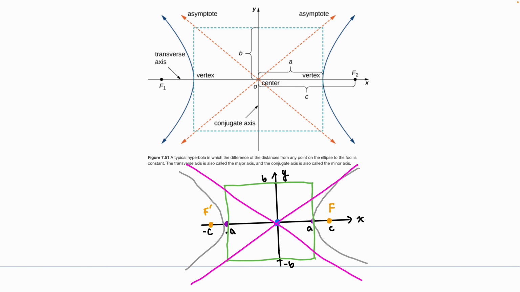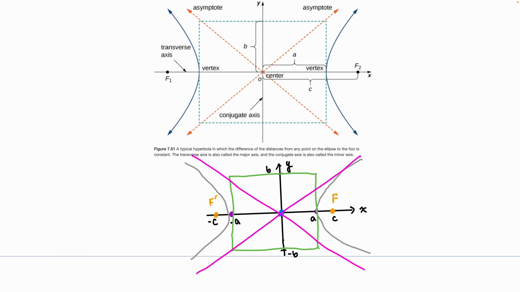Okay, so we had a major axis where the vertices and the foci lie in terms of the ellipse. For a hyperbola, that major axis has a new name. It's called the transverse axis. The minor axis gets called the conjugate axis.